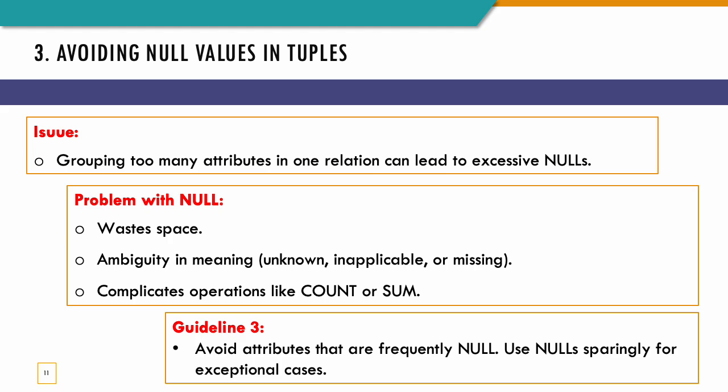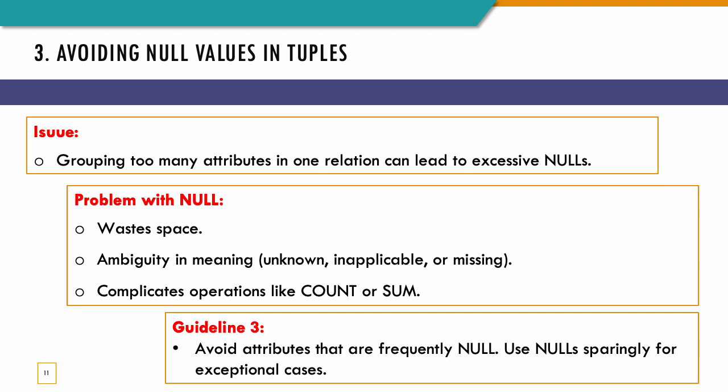All right, so next is avoiding null values in the tuples. This is also important. In a database, a tuple is just a row in a table, and each attribute is a column in a row.